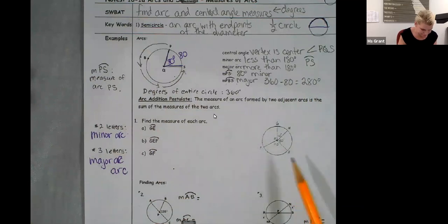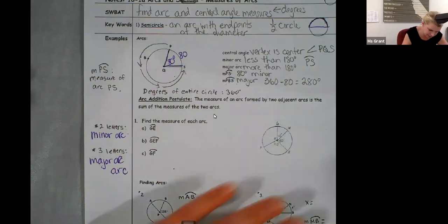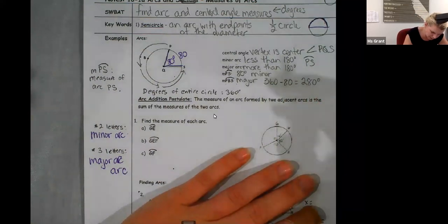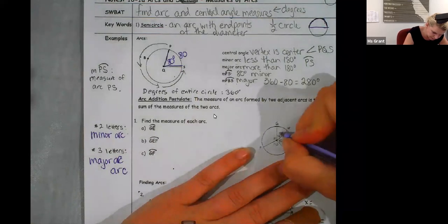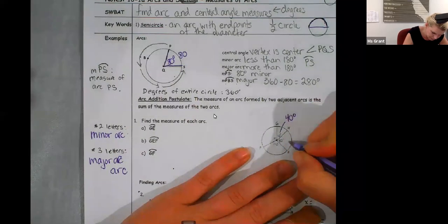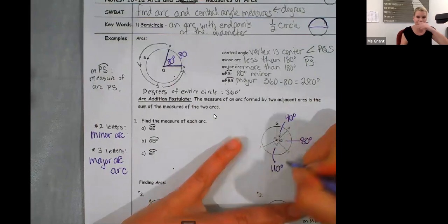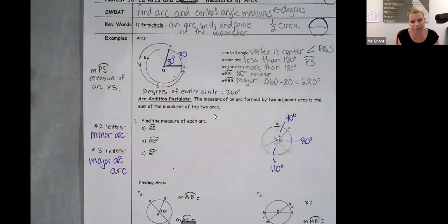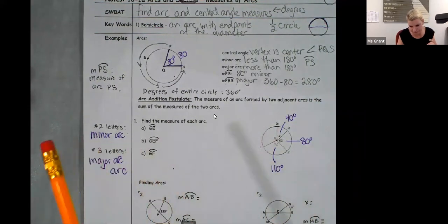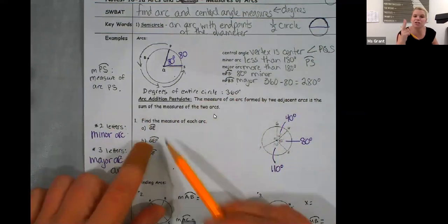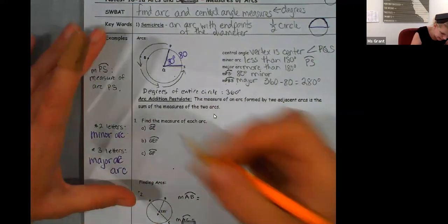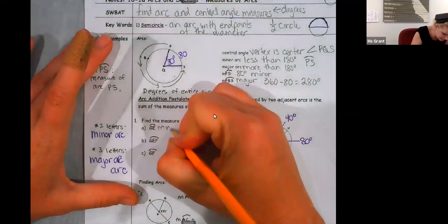So GE, look at this circle right here. This interior small central angle, this one is 40 degrees. This one is 80 degrees. This one is 110 degrees. Just in case it's too small for you to see. Anyways, GE, let's add them together. GE, the whole thing, okay? It only has two letters. That means it's minor, less than 180.